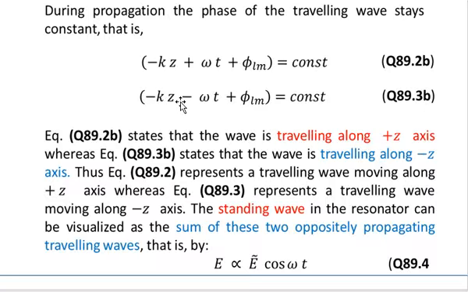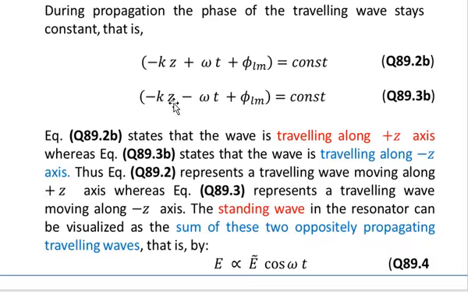Now let's consider equation number 3b. Here you see that there is a negative sign with the omega t. So when time increases, this term minus omega t will decrease. In order to compensate this decrease, z should increase in the negative z direction, which means that minus kz will become a positive quantity.